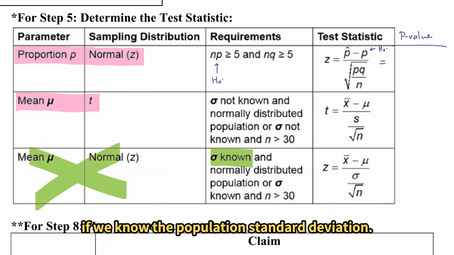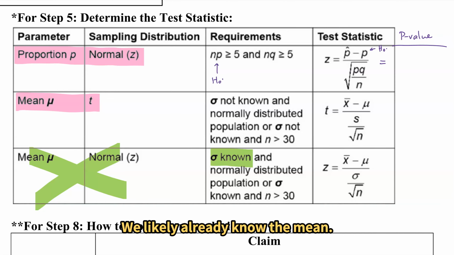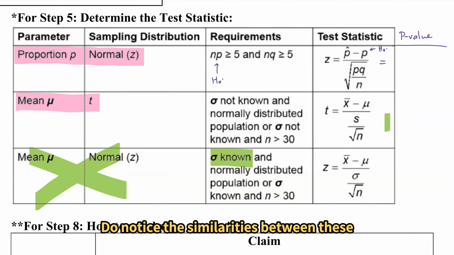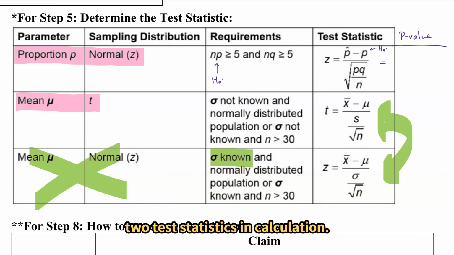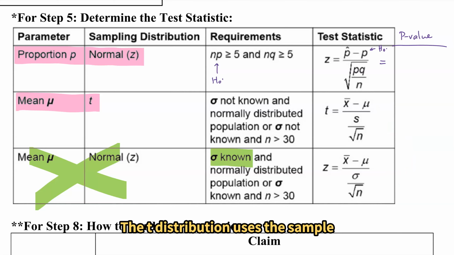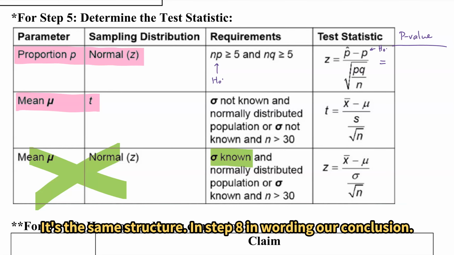If we know the population standard deviation, we likely already know the mean. Do notice the similarities between these two test statistics in calculation. The t-distribution uses the sample standard deviation. The z uses the population standard deviation, but it's the same structure.